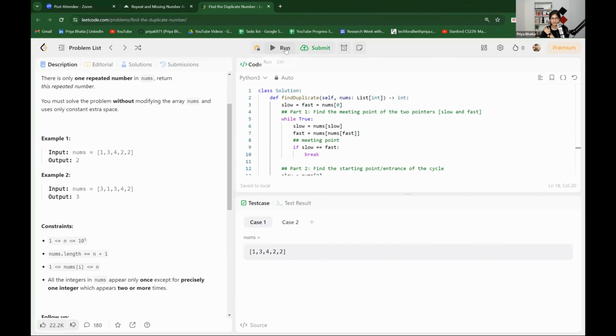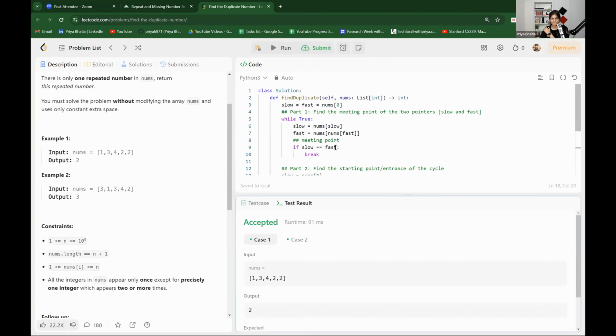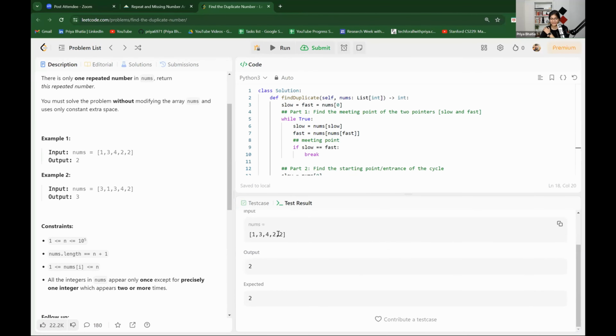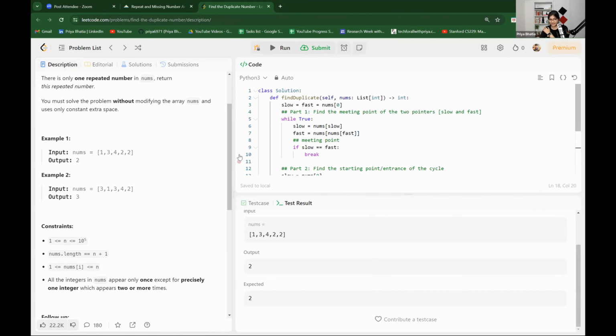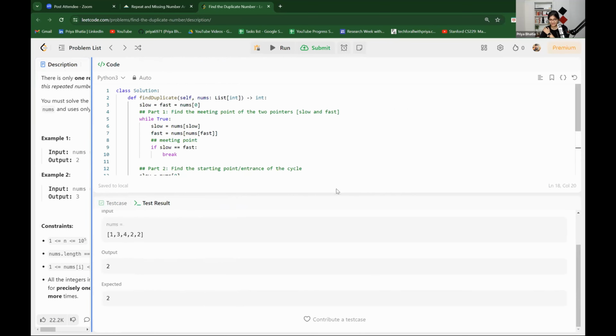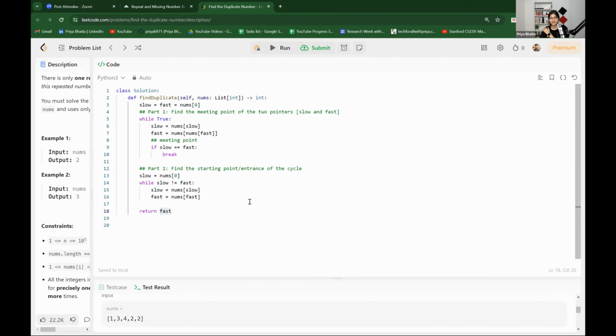Let's try to run this code. We'll see if we get some issue. So for 1 3 4 2 2, 2 is the thing which we are getting here. Working fine. Now just look again at what we have done. Two parts.